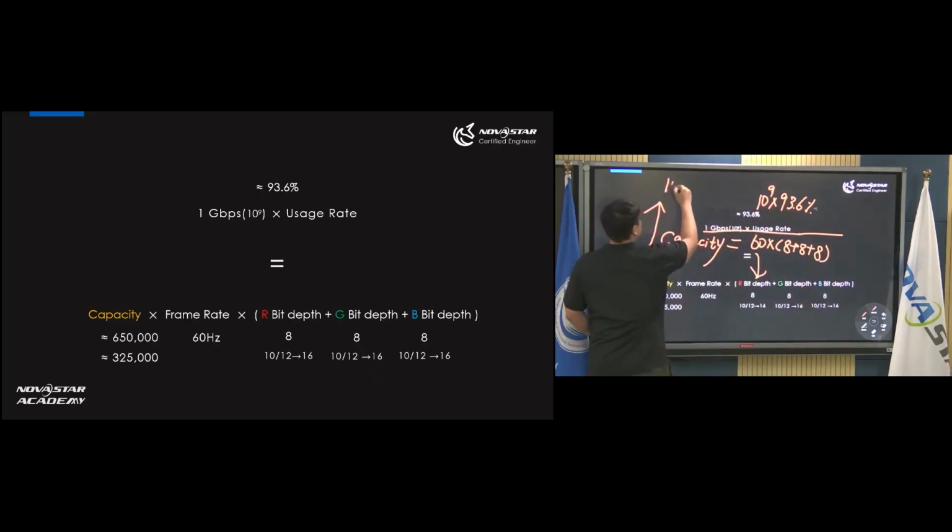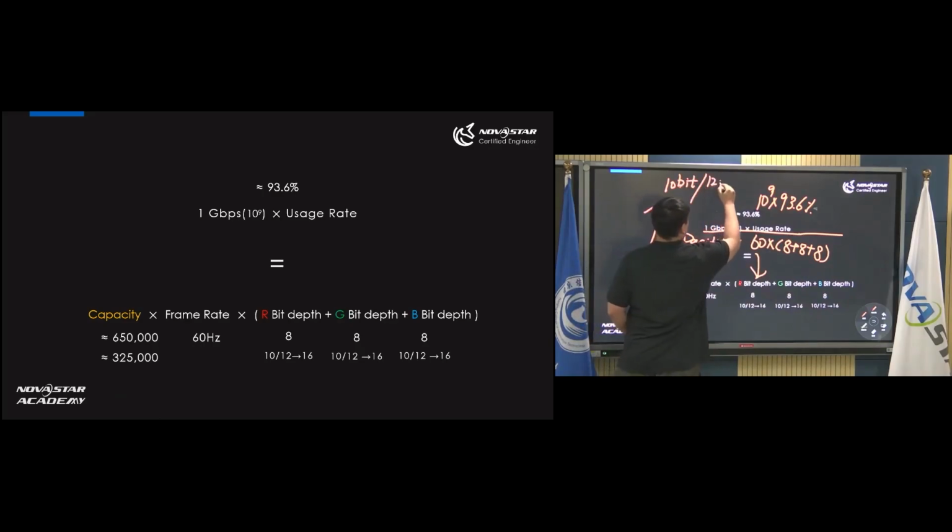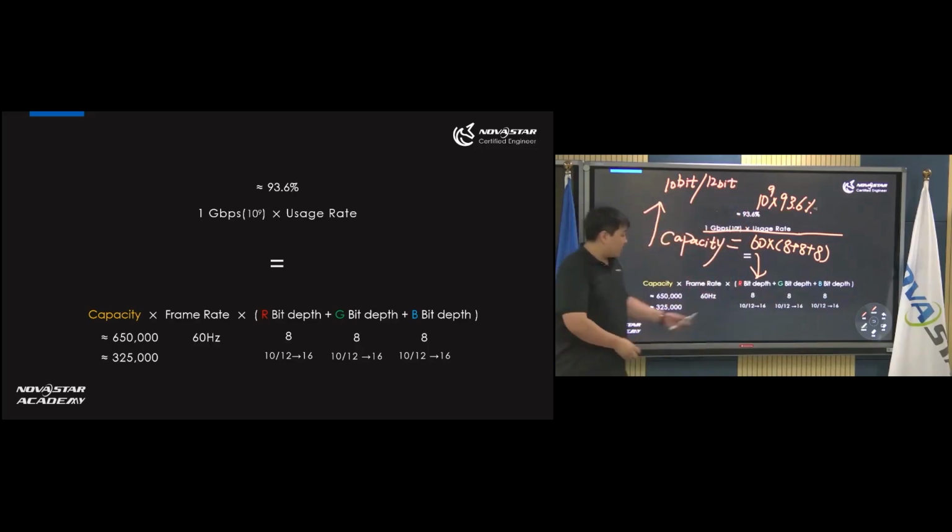Sometimes we have 10 bits or 12 bits. But when we choose 10 bit or 12 bit, the capacity is cut down by half from the original loading capacity.